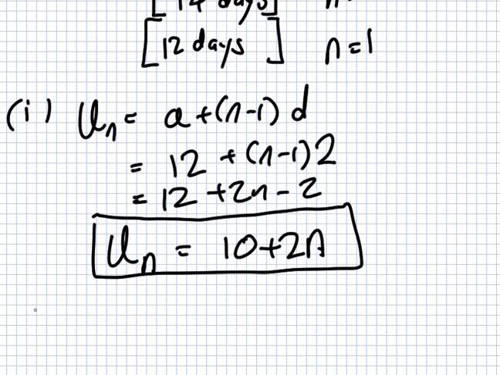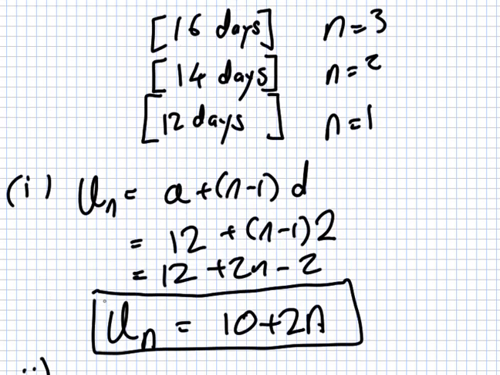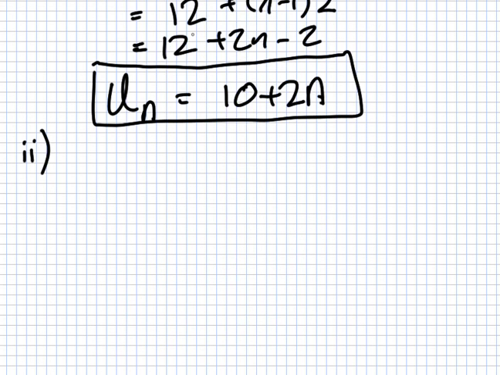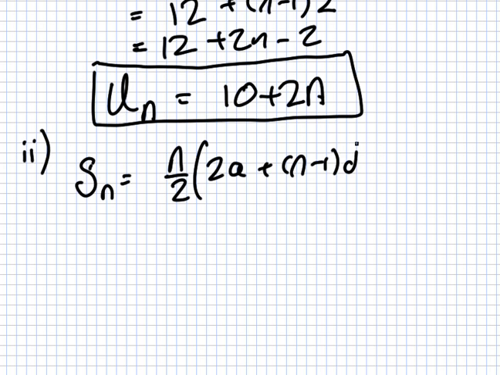Now, the second part is, what is the total time? So in this one we want to add, for example, how long does it take to build these 3 floors? 12 plus 14 plus 16, 32 days. No, sorry, 42 days. So in this part 2 we want Sn, that's n over 2, 2a plus n minus 1 d.